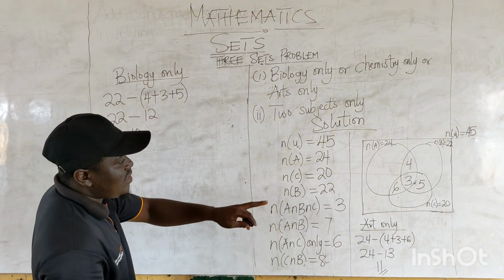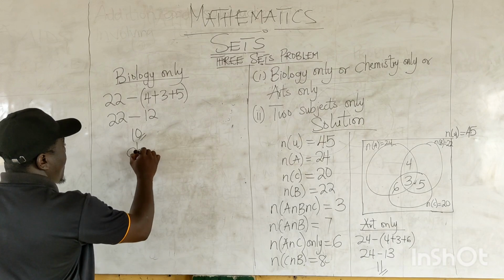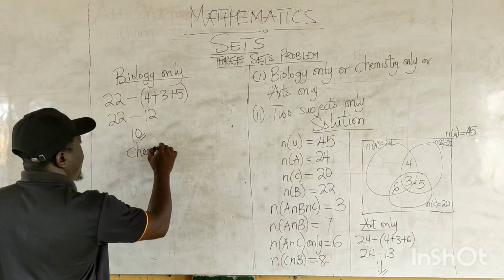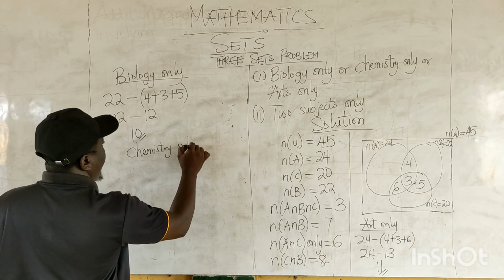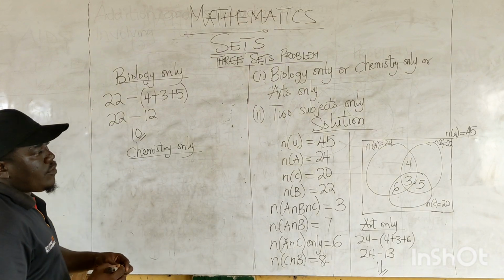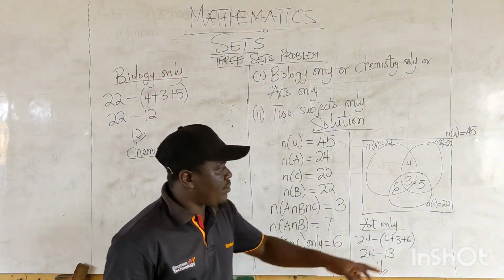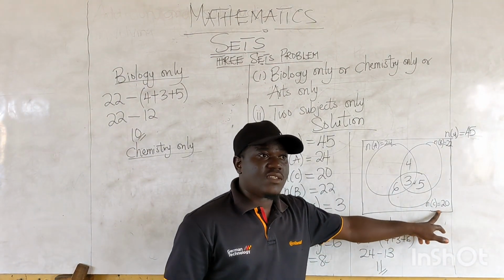And then the last is chemistry only. We know that the total circle for chemistry is 20, that is the set.